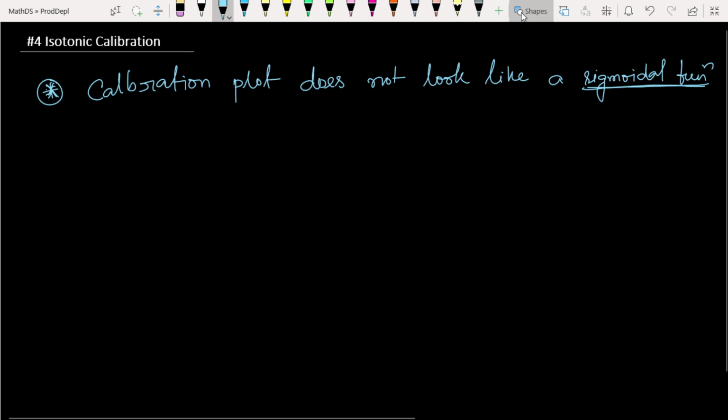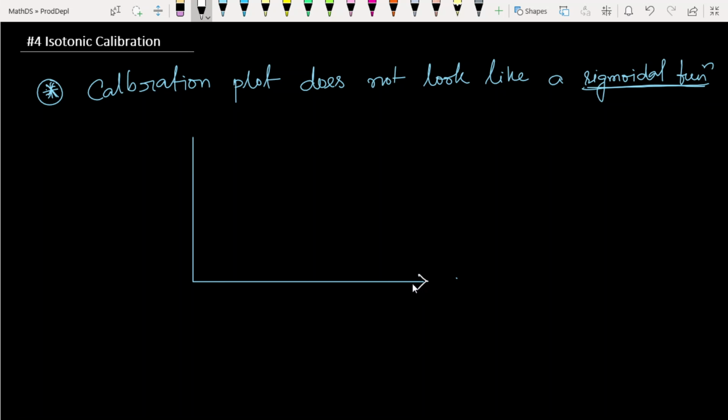Now let's look at this plot that I have already discussed. This axis denotes the simple average of y hat i, the average value of the predicted yi in a chunk, and this axis is the average value of yi, the original.